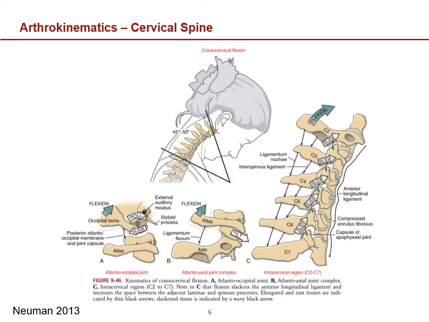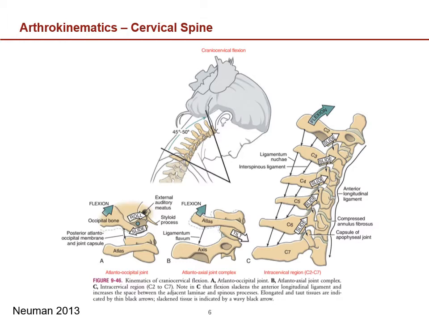Okay, considering the opposite motion of flexion, once again, we'll look at the OA joint, the AA joint, and the intercervical regions of C2 through C7. So at the OA joint, there's going to be a roll in the same direction as the motion. So the condyle is going to roll anteriorly while it slides along the atlas posteriorly. In the B figure, you can see that there's an ipsilateral tilt of the atlas to the axis.